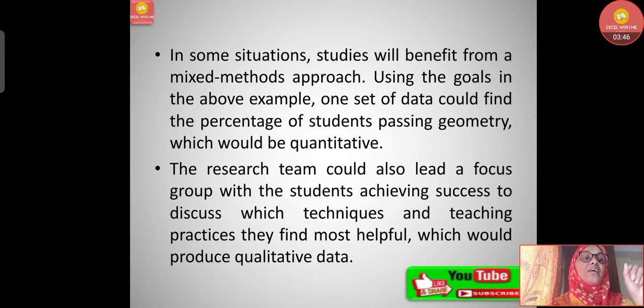Now, the research team could also lead a focus group with the students achieving success to discuss which techniques and teaching practices they find most helpful, which would produce qualitative data. So, focus group discussion also can be done to know about the different techniques. So, both can be applied, qualitative and quantitative approach.